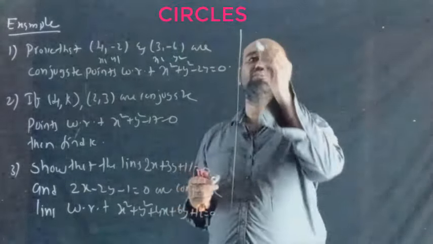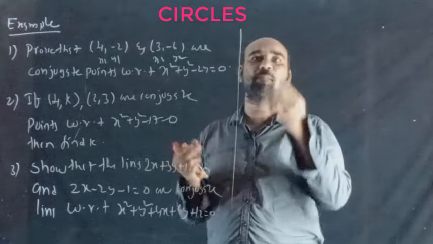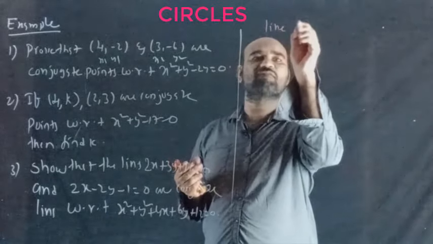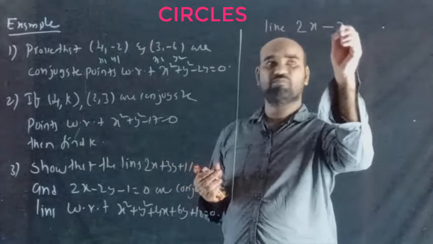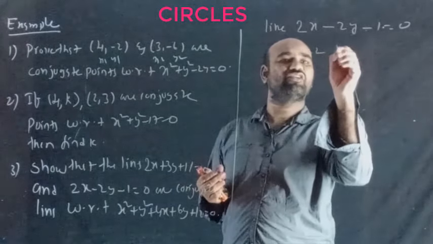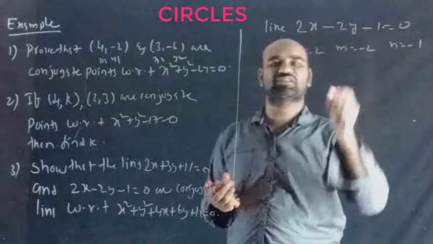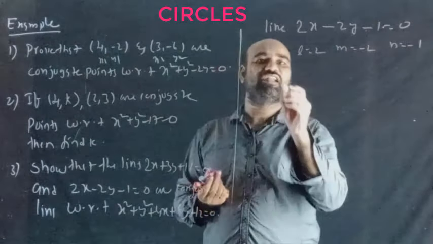Okay, what should we write down here? First of all, the line 2x minus 2y minus 1 equal to 0. L stands for 2, M stands for minus 2, and N stands for minus 1, in the form Lx plus My plus N equal to 0. Next, the circular equation.